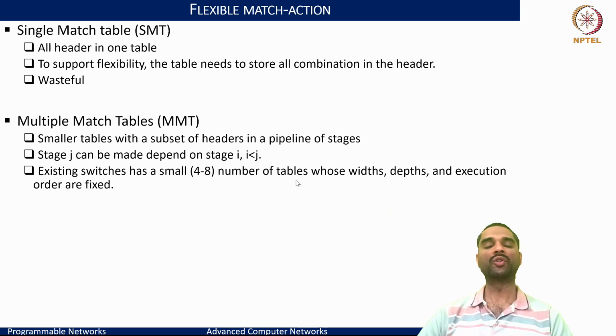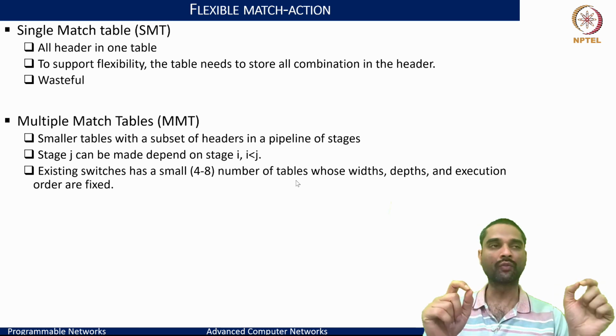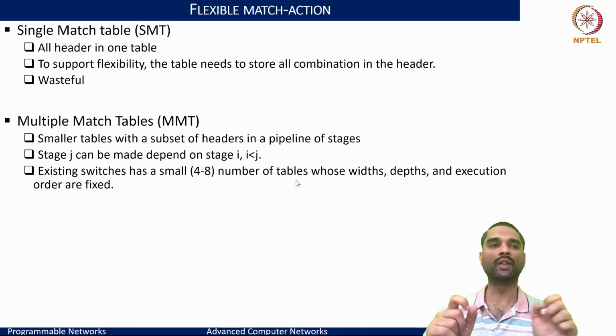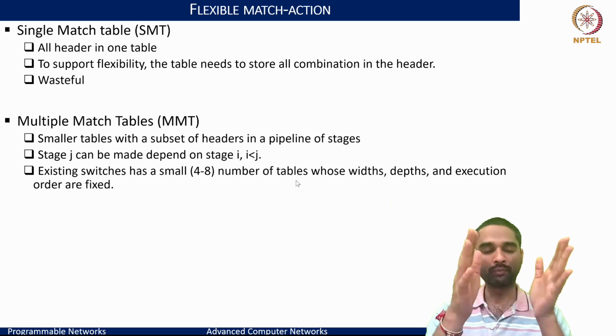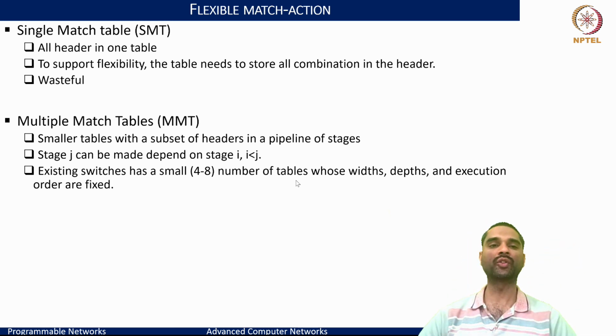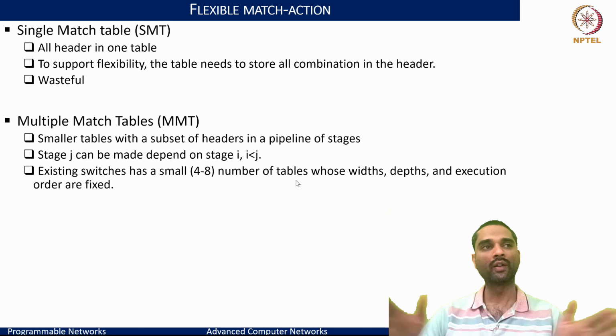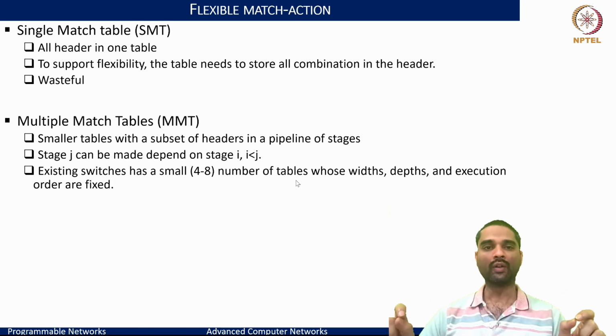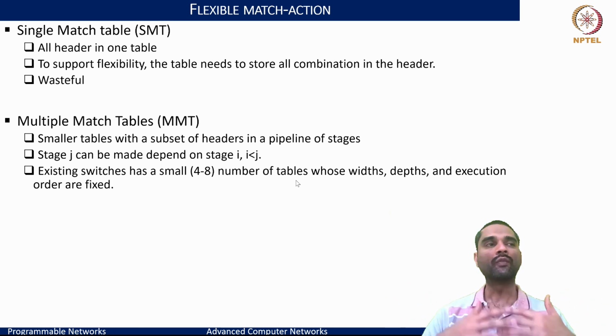And like I mentioned earlier, the earlier switching hardware used to have what we call a single match action table, where all the entries would be put in just one table, where you want to match the bits of layer L2 or L3. All these would be populated in just a single table, so that you had all the headers in one table where different combinations of the fields would be set.